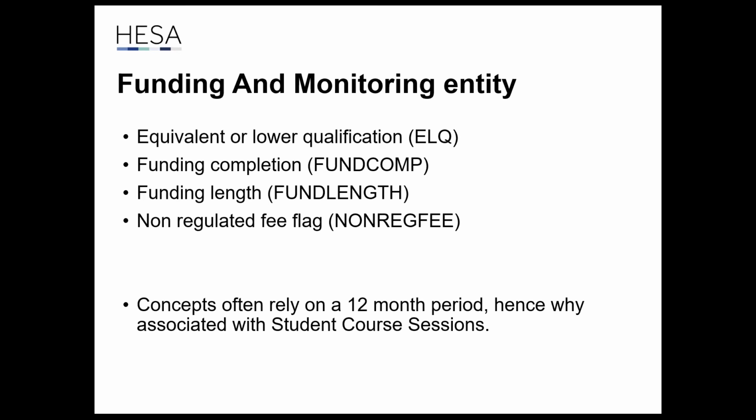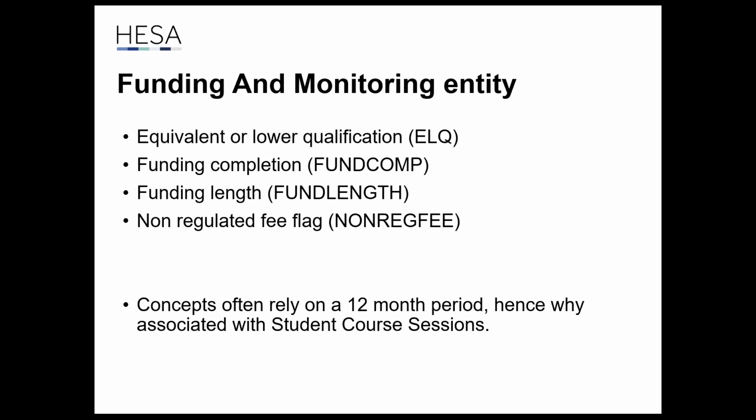We've then got the funding and monitoring entity. This is one of the entities, like funding body, that's sitting off student core session. The 4 fields we have there are ELQ, funding completion, the funding length, which is one of the ones that's been split in half, and the non-regulated fee flag, and again that's a new one.